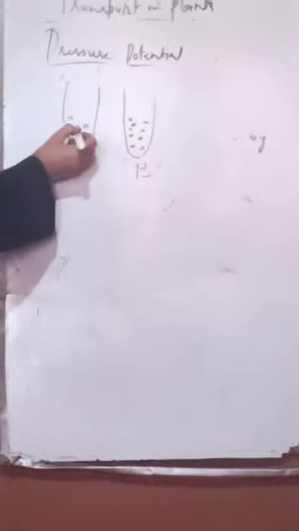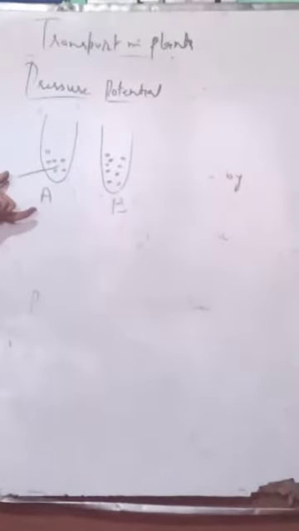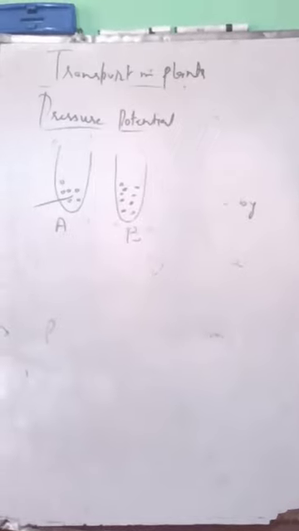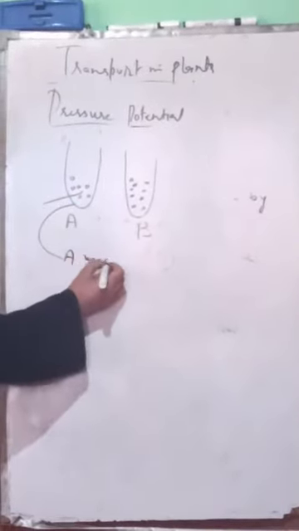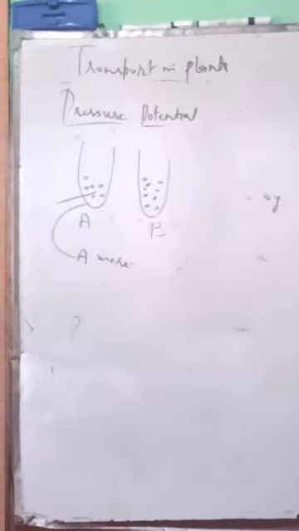Because I have told you that the more the number of solutes, the less is the solute potential. So we can say A has more water potential because there is a lower number of molecules.